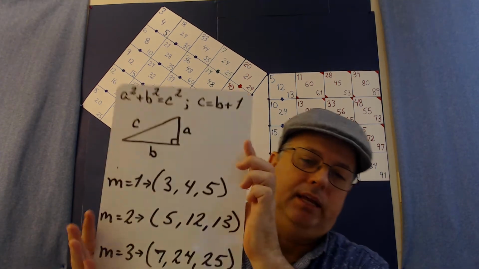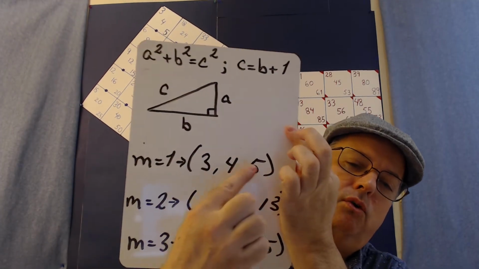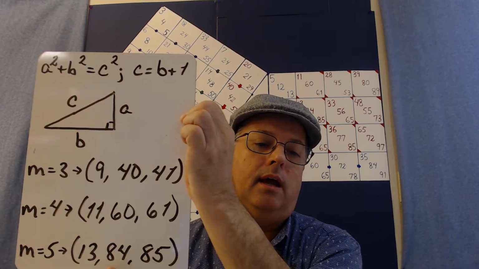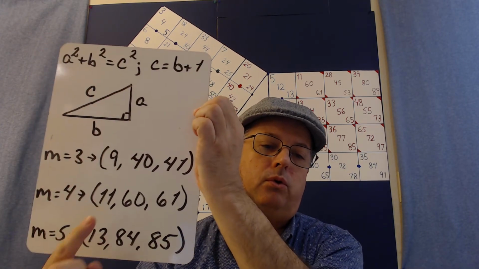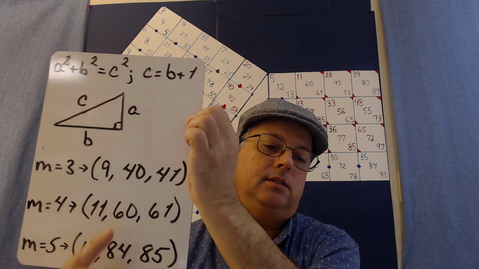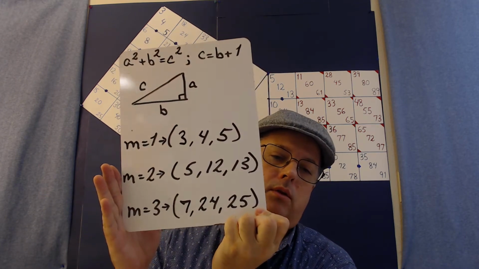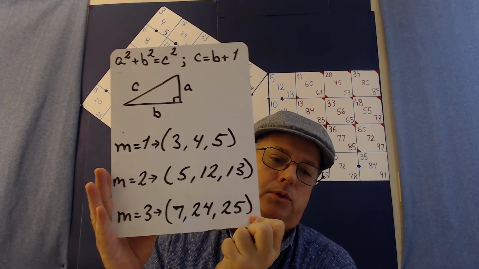I'll do a video about that later on. And so the 4 and 12 and 24 and 40 and 60 and 84, those are all multiples of 4. 4 times 15 is 60, and 4 times 6 is 24. And so you can see all the middle numbers, the B values, are multiples of 4.